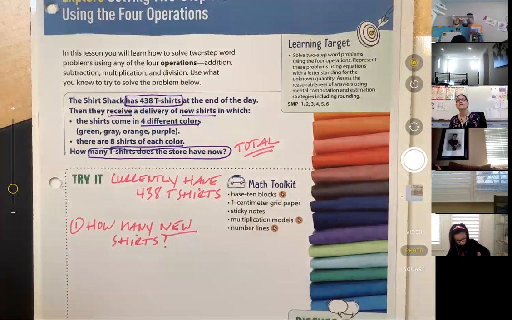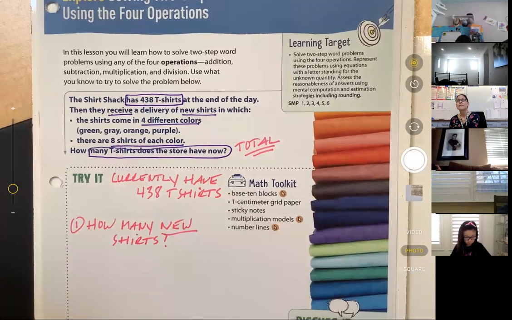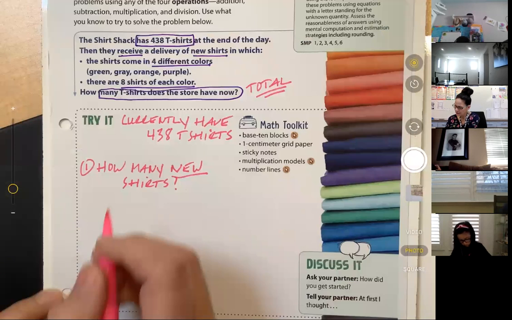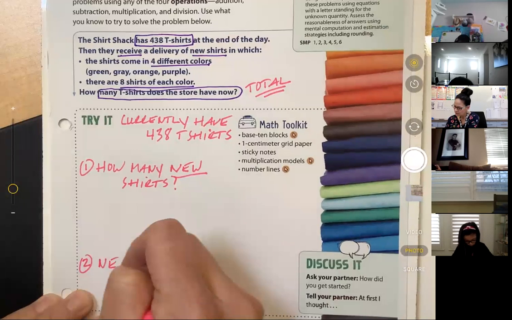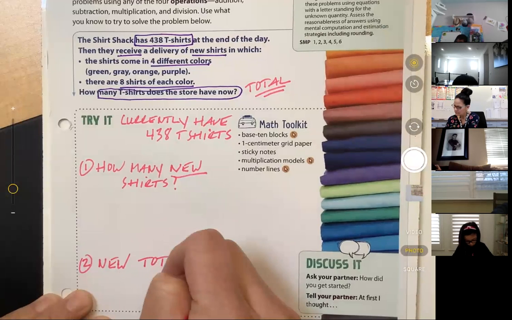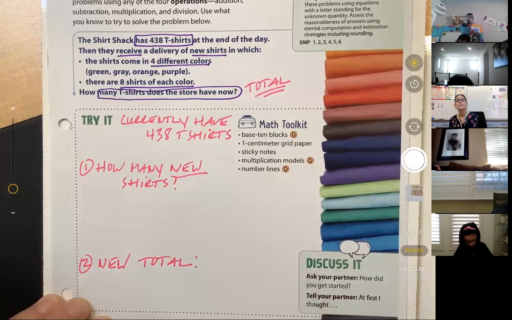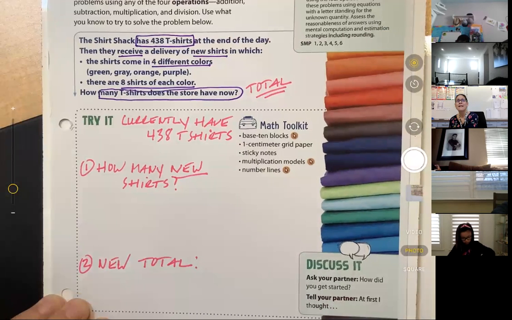That's the first thing. And then I need to find out the new total. Those are the 2 things I need to find out. Those are going to be my steps.